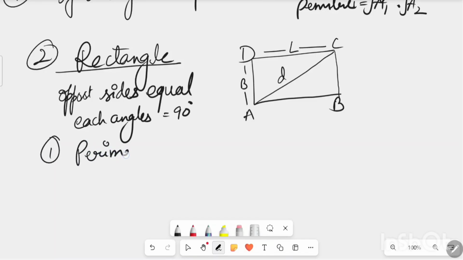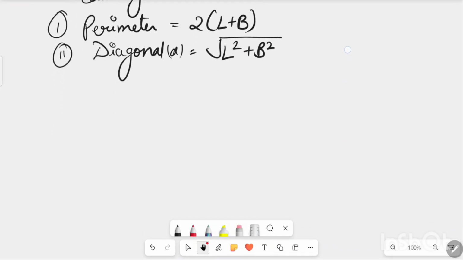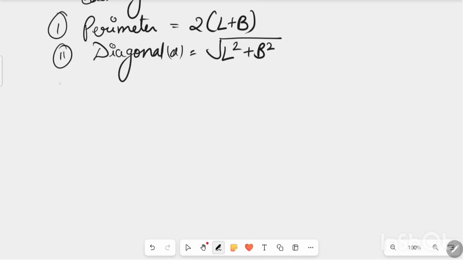Perimeter of a rectangle is 2 into L plus B. Diagonal D will be under root L square plus B square. And area is length into breadth, which is L into B.